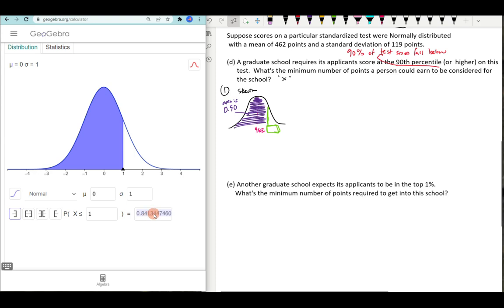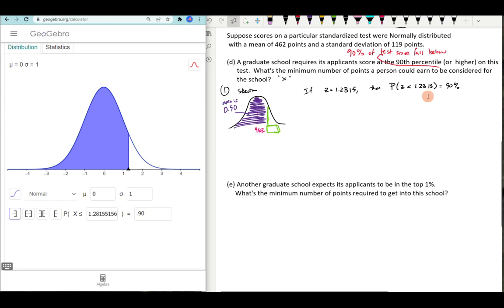So I'm going to highlight the probability box, type in 90, and I see what I've just found here: it's telling me if my z-score was 1.2815, then the probability that any particular z-score falls below 1.2815 is 90%. It's saying, all right, the z-score that I need for this point right here should be 1.2815.